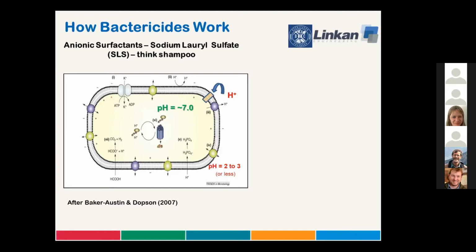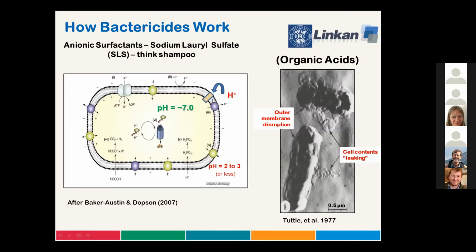Now, sodium lauryl sulfate, which I think is the active ingredient in shampoo, basically breaks through this oily cloak, and the interior is flooded with the acid and basically kills the bug. It stews in its own juices, and it's hard to evolve an adaptive strategy against this.